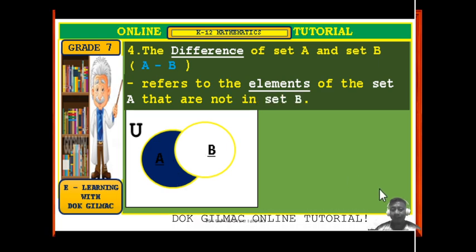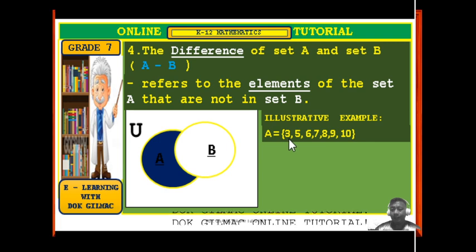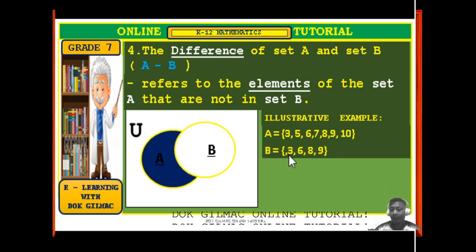Let's have an example. Set A is 3, 5, 6, 7, 8, 9, 10, and set B is 3, 6, 8, 9. So as you can see here, these elements of set B belong to set A: 3, 6, 8, 9.